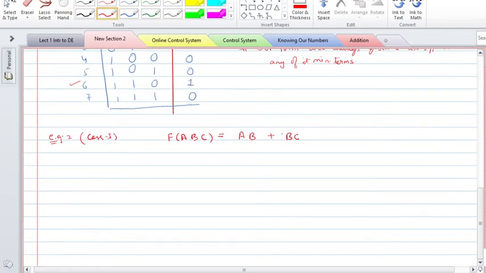This is not a standard SOP form. Standard means canonical. So convert this non-standard SOP form to standard SOP form, that is canonical form, or you can simply use this method.